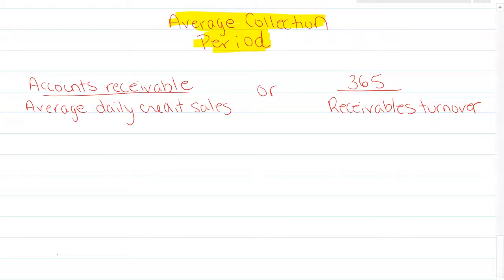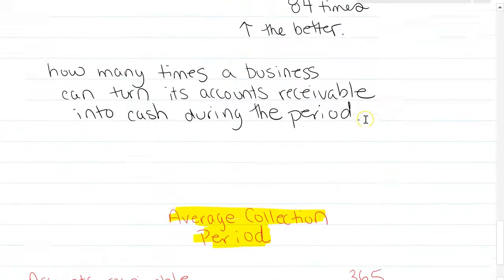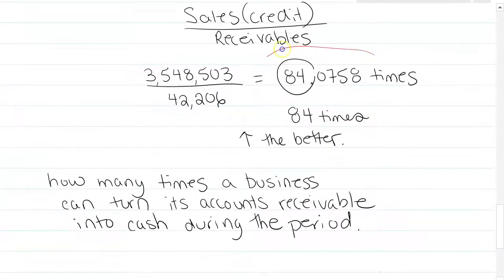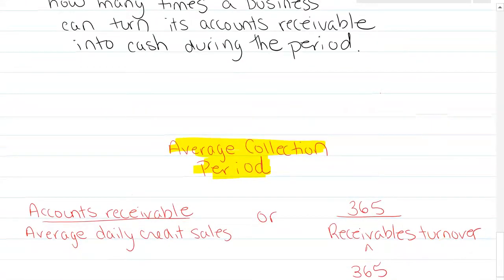So I'll show you the first way, where you take 365 and you divide that by the receivables turnover. If you remember, it's this number here, 84.0758. That was from the receivables turnover video.